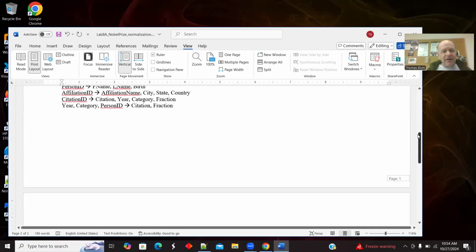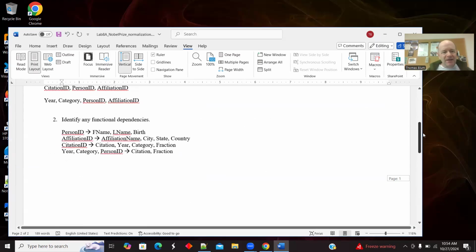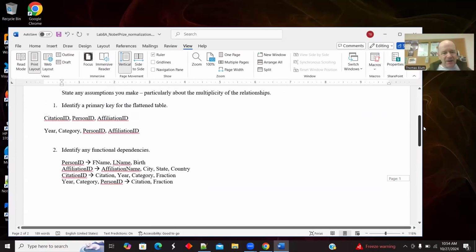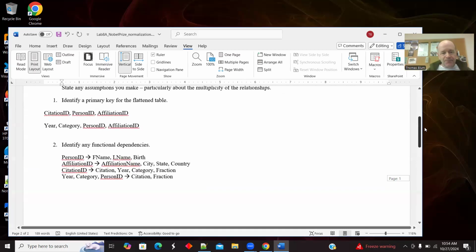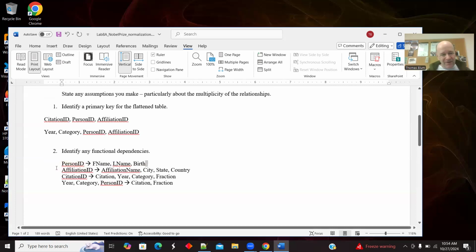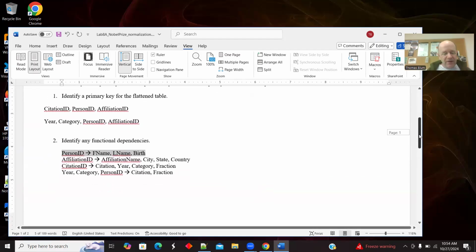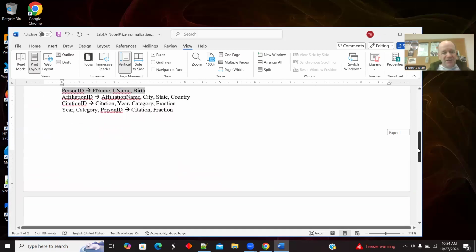So anything else that we see that we might think of as transitive? You might say, if I know the first name and the last name of the person, I can look up their birth date or something. I don't know, that's going a little too far here. Anything else that we think is transitive?